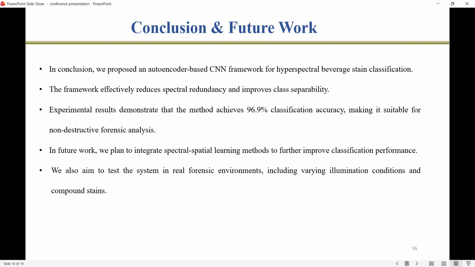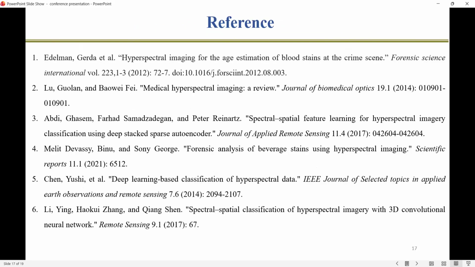In future work, we plan to integrate spectral-spatial learning methods to further improve classification performance. We also aim to test the system in a real forensic environment, including varying illumination conditions and compound stains.